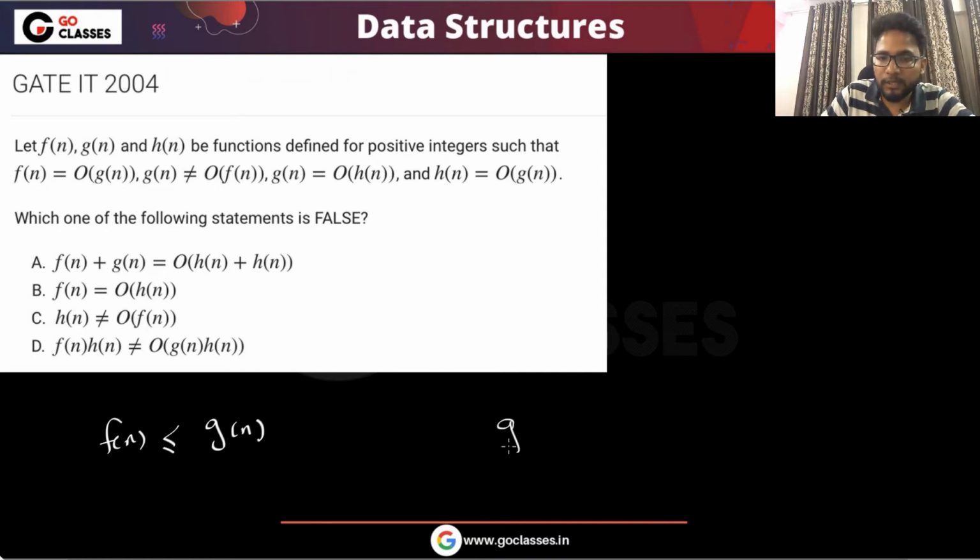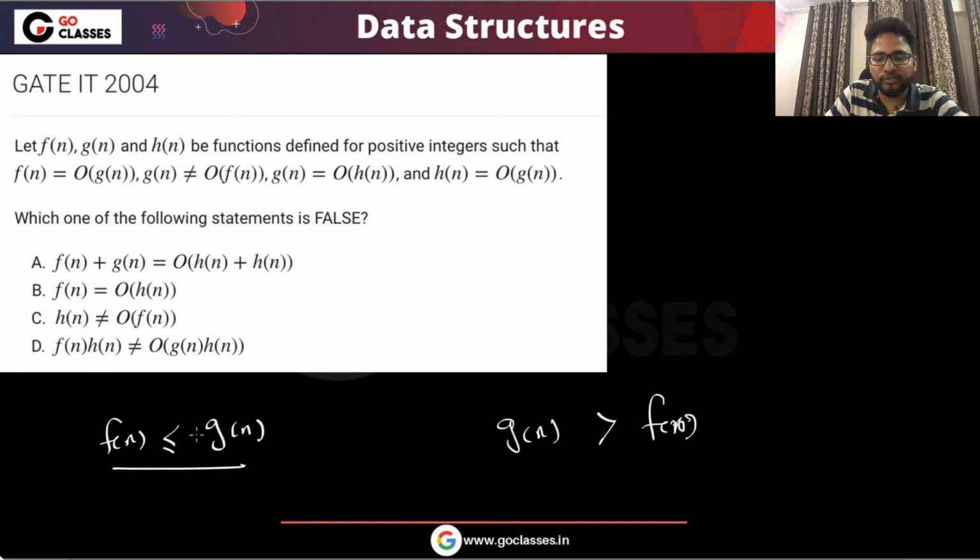What does this mean? If g(n) is not less than or equal to f(n), it has to be greater than f(n). The first condition is saying g(n) is greater than or equal to f(n). The second is saying g(n) is strictly greater, so the second is more precise. Using these two conditions, you can say that g(n) is strictly greater, right?